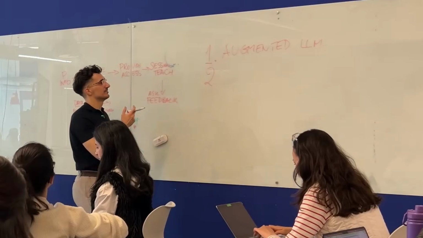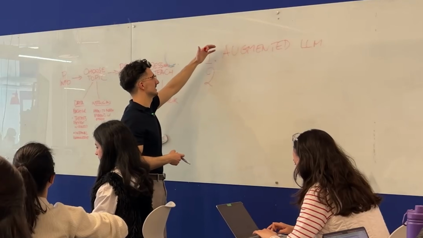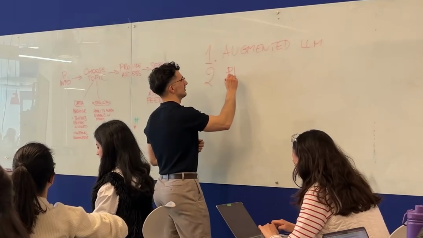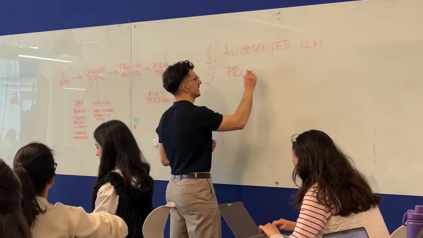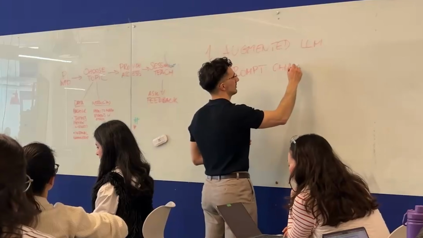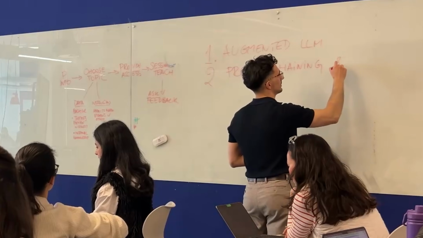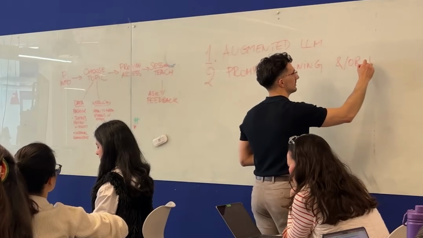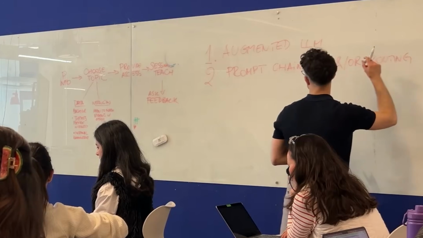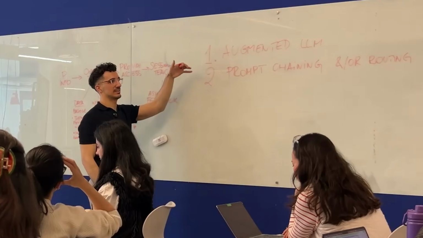Then the second level, instead of just having one call, is to have prompt chaining and/or routing. Instead of having just one call, I create a workflow.